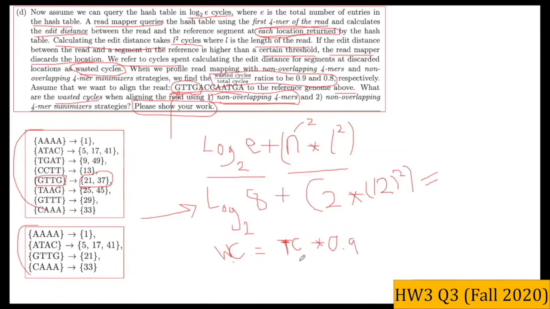Now we already calculated the TC here, which is the number given by this equation, so it's easy to calculate the wasted cycle. Now we do the same thing with the second method.